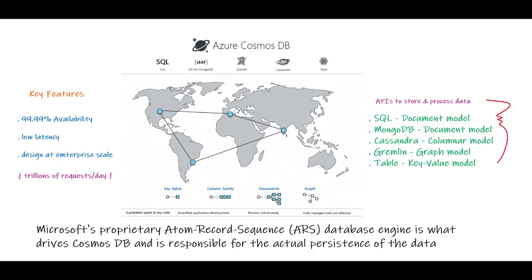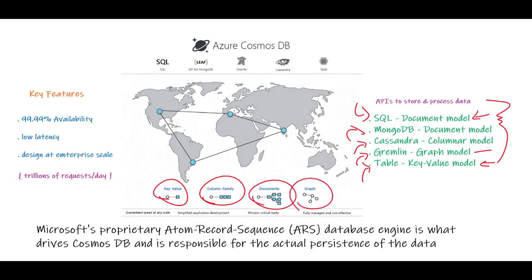If you're dealing with SQL, or you're dealing with MongoDB or Cassandra or Gremlin or table-like structures, whether they're columnar, graph, key value, or their document model, it just doesn't make any difference. You can use the key value family or column family or documents or graphing type databases. Pick your API and off you go.